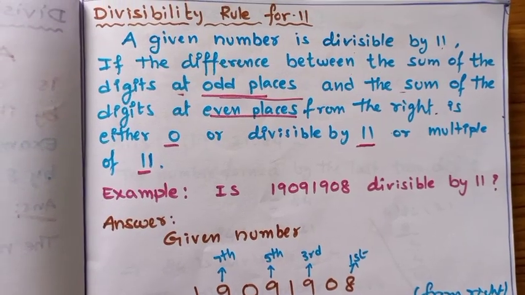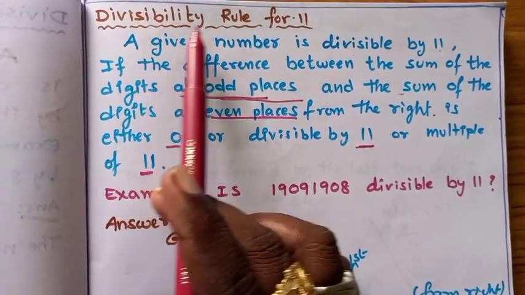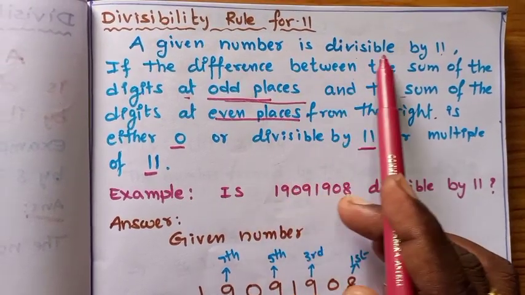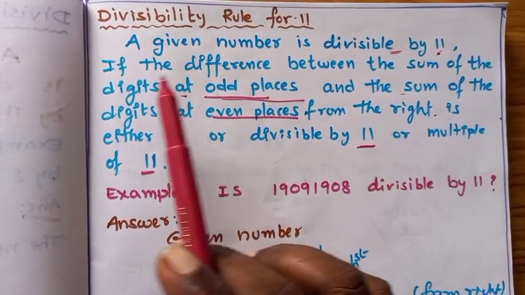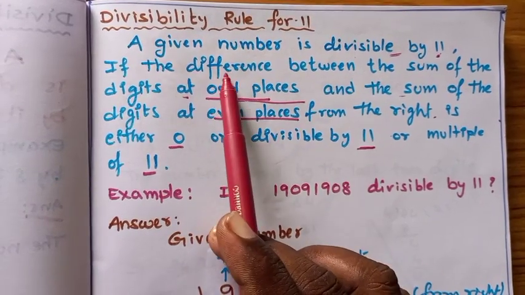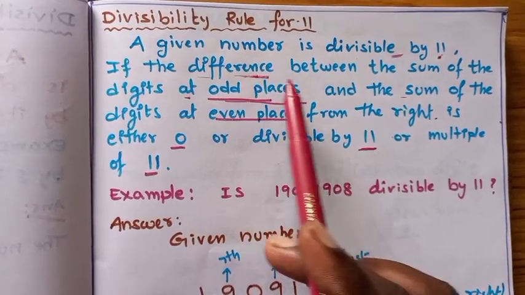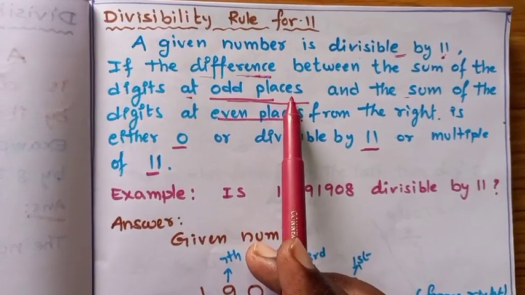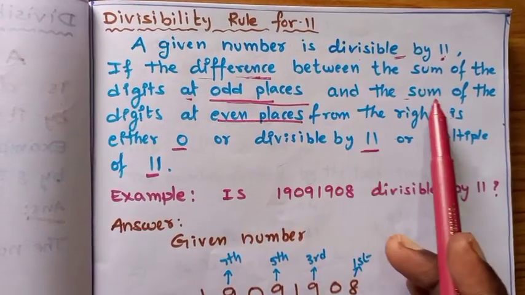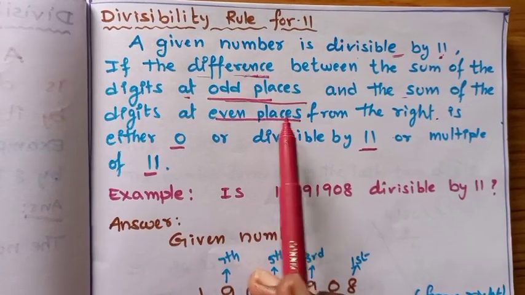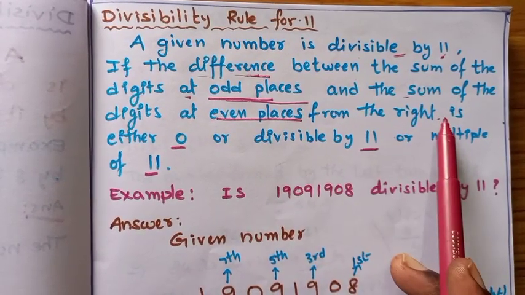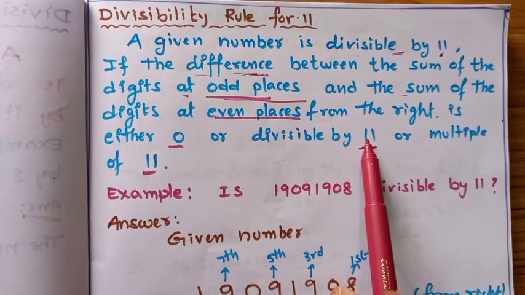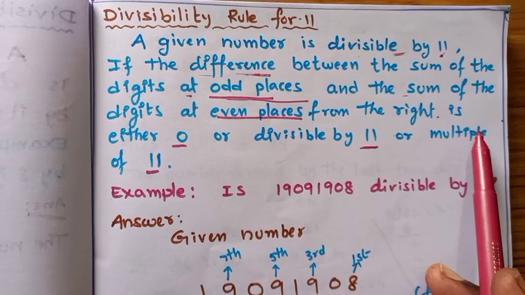The meaning of this: for the divisibility rule for 11, a given number is divisible by 11 if we find the difference between the sum of digits at odd places and the sum of digits at even places from the right, and the result is either 0 or divisible by 11 or a multiple of 11.